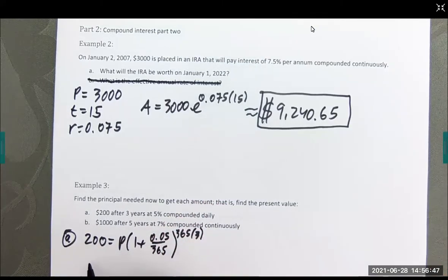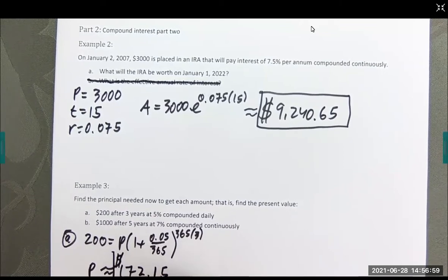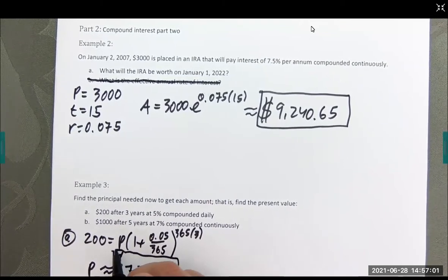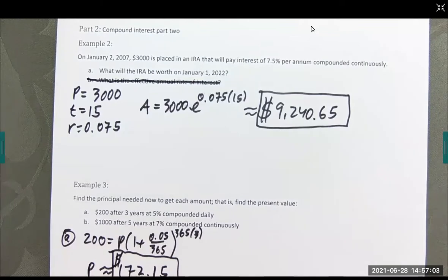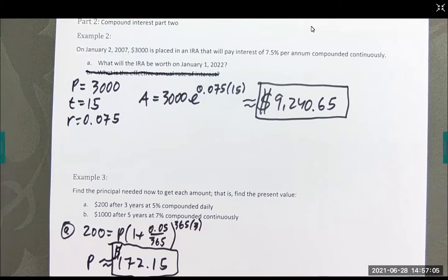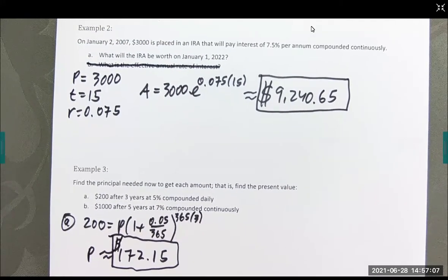Actually, to guarantee that, P is going to be about $172, and we'll round it up to $172.15. It'll guarantee us that $200 after 3 years.